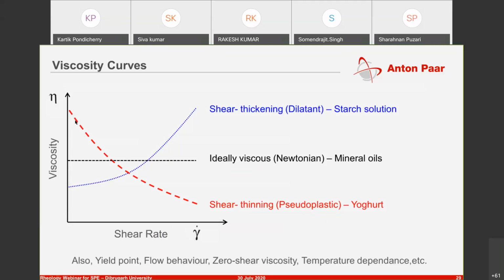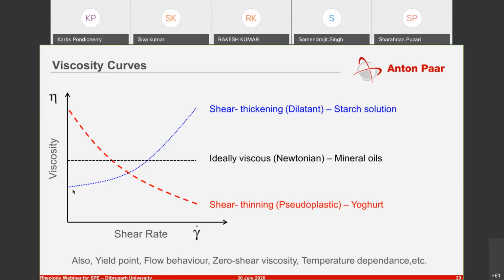One such behavior could be a shear thinning behavior, which is known as pseudoplastic behavior, such as yogurt or shampoo or face cream, wherein by application of shear or increasing shear, you would be thinning the material. So you're going to make it flow easily by application of shear.